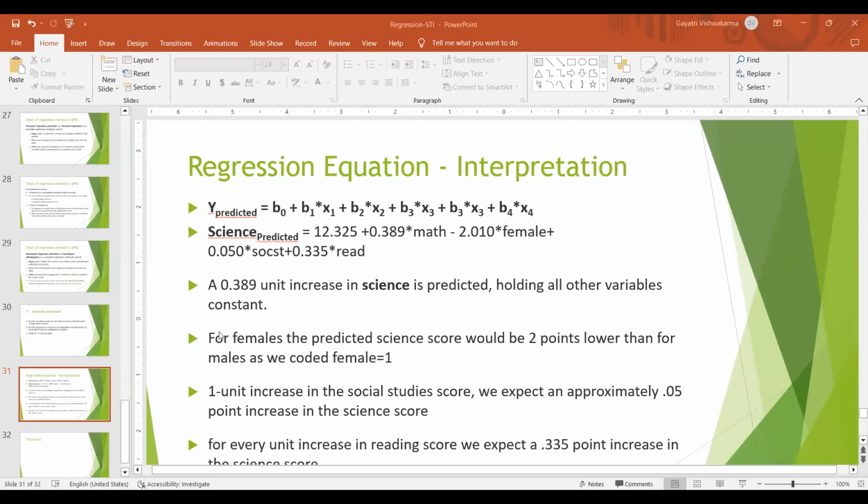For social studies, for a 1 unit increase in the social score, we may expect approximately 0.5 unit. I think here I have to write something. I forgot to write the math: unit increase in science is predicted, holding all other variables constant, for maths.